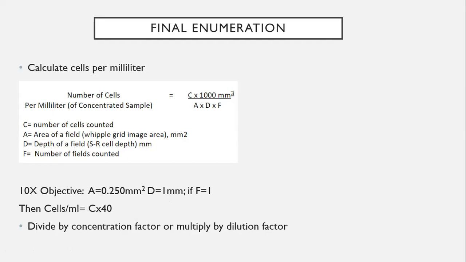If you don't get your count up to 200 in that one field, you continue on to the next. So then it would be 2 fields. So then you have a whole number here, and cells per milliliter would be the number of cells you count times 40. And then that is divided by the concentration factor or multiplied by the dilution factor if you dilute or concentrate the sample.